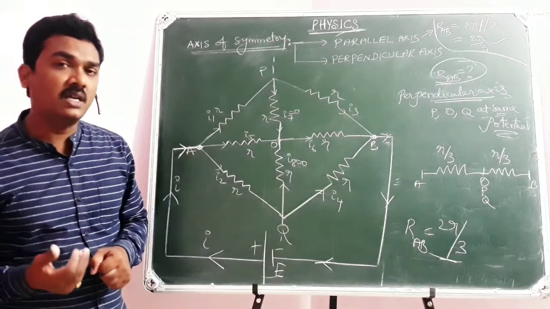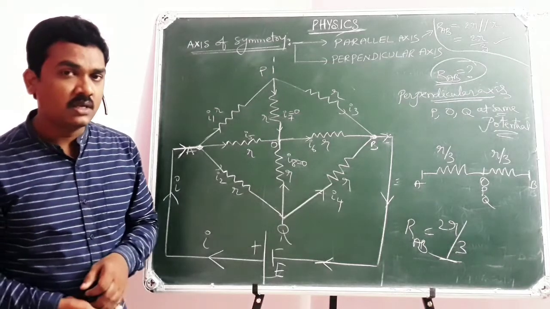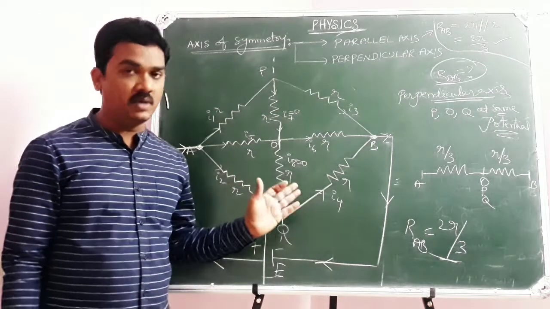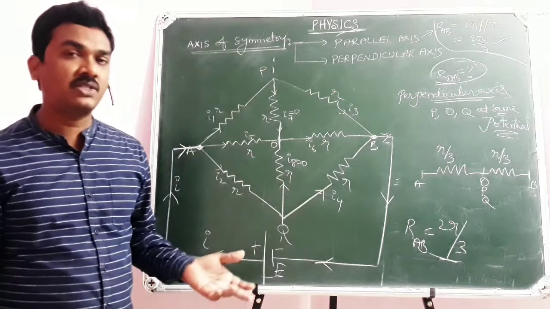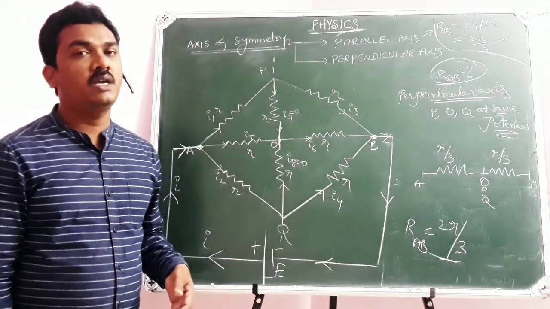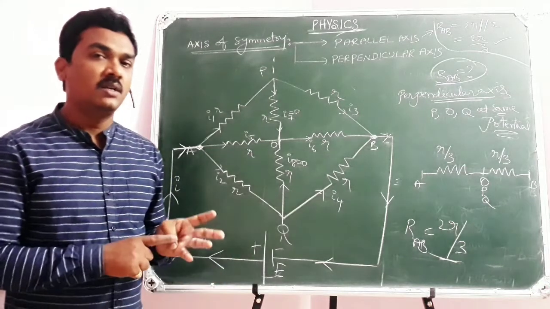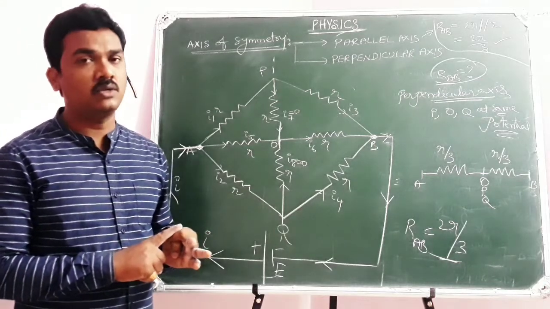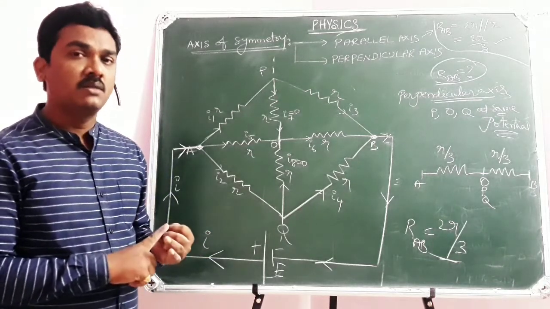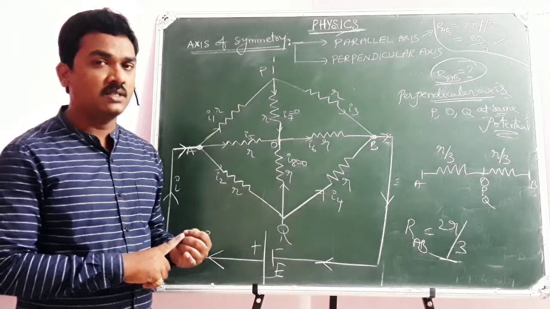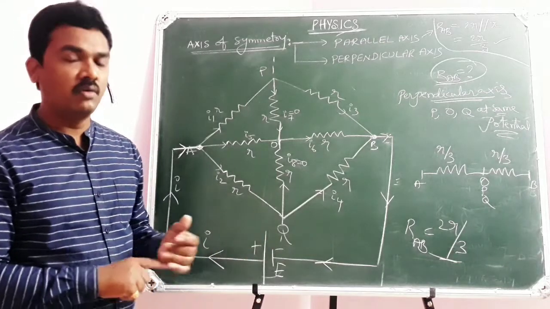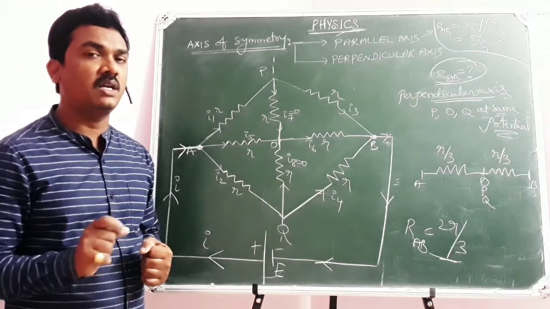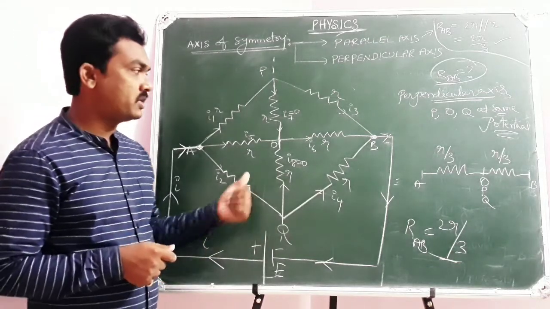In the next class, I will give you a few more examples regarding the axis of symmetry. Then I will go for the next technique of calculating equivalent resistance. We have learned the reduction method and identifying equipotential points also. Second thing is path symmetry. Third one is axis of symmetry. We will go with other techniques of how to calculate equivalent resistance. So please take care of that.